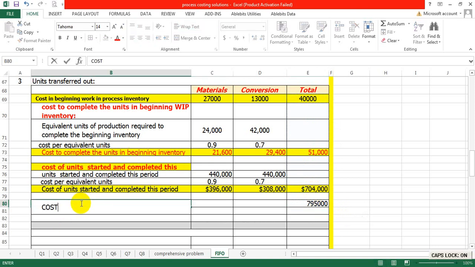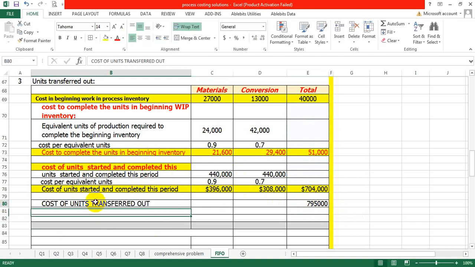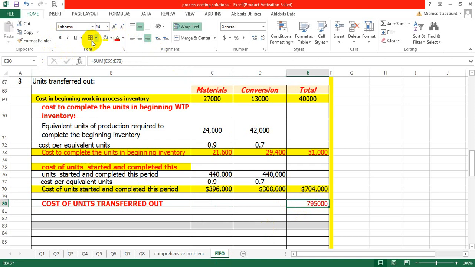So this is my cost of transfer out units. Now the last requirement of this question that we are going to solve is the reconciliation.